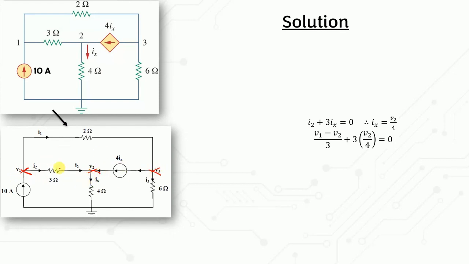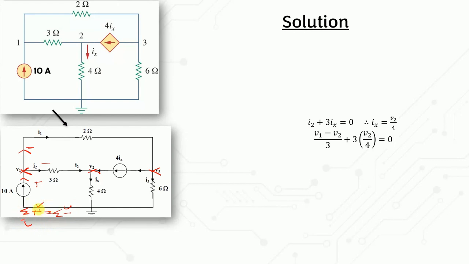For V1, we have these directions, where this one is leaving, which is negative, this one is entering the node, which is positive, and this one is leaving, which is negative. So the summation of positive current equals the summation of negative current, where one is entering and one is leaving the node.